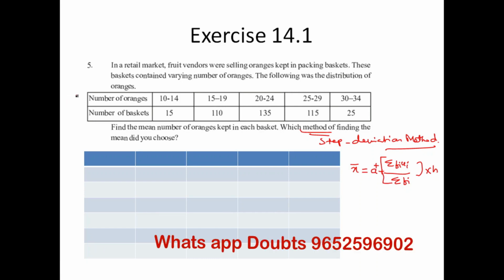So let us look over here. You have the number of oranges, which is your class interval, and your frequency is f of i, the number of baskets.